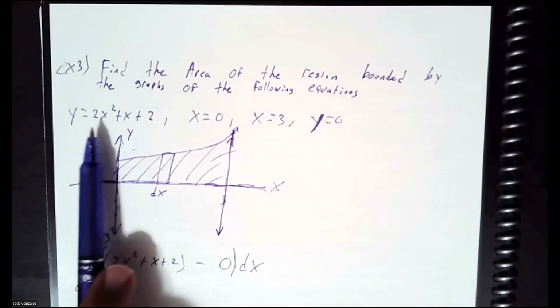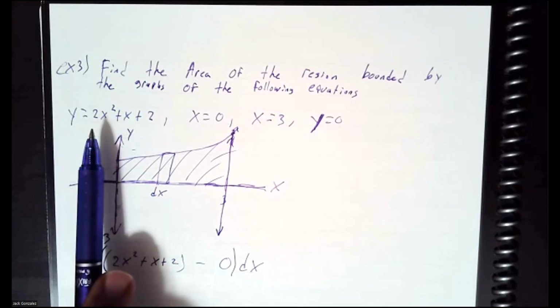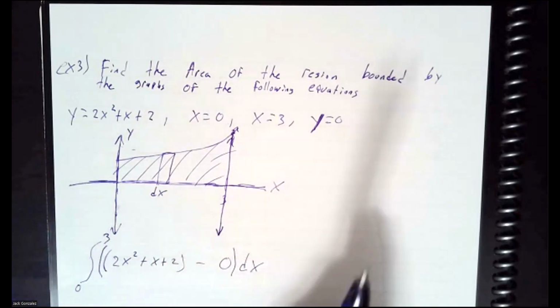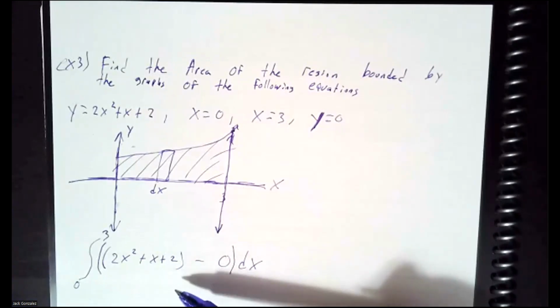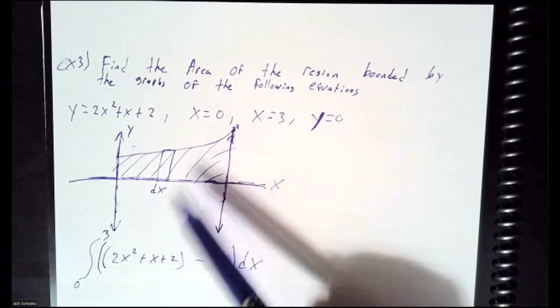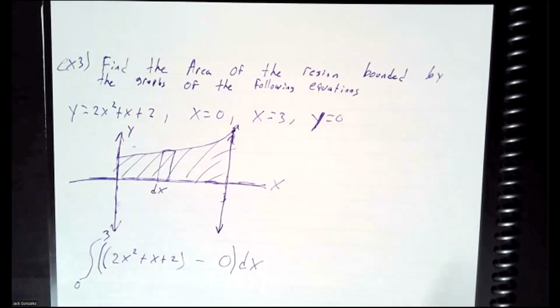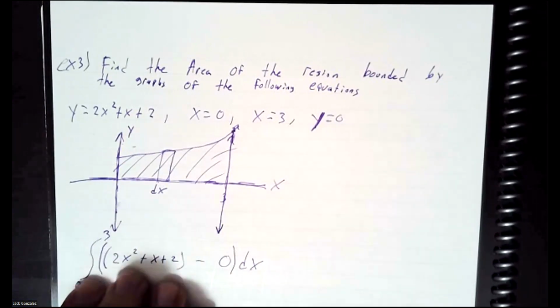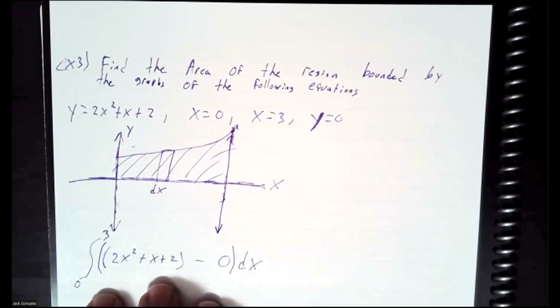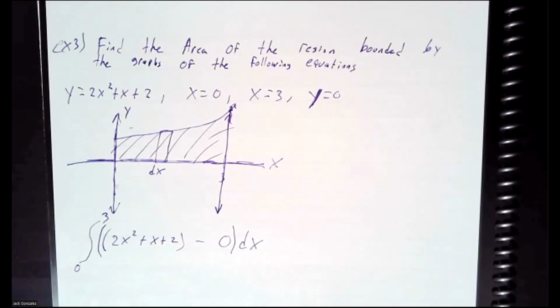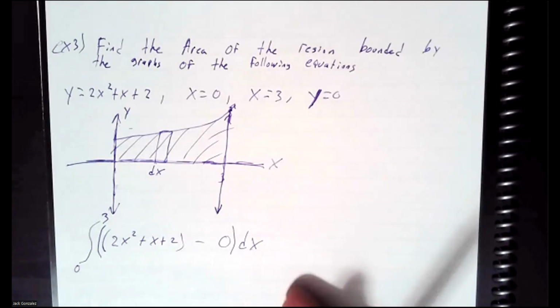It's not always possible to solve for it explicitly. Anyway, the best choice here is x because everything's in x, perfectly bounded. So that's why I set it up this way. The setup is the main part. Does that make sense? Yes. After this step, you just integrate like we did in the last two examples.